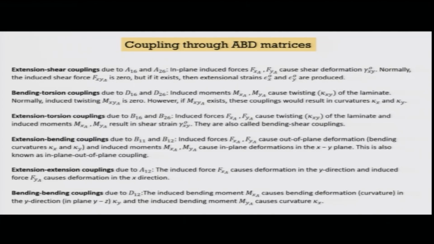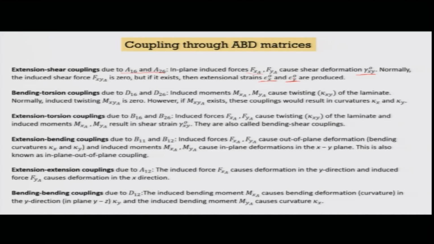The extension-shear coupling is due to the A16 and A26 terms, which develop the in-plane induced forces. So, you can see that is Fx lambda and Fy lambda, which cause shear deformation gamma xy 0. Normally, Fxy lambda is 0, but if it exists, then these things will be produced.